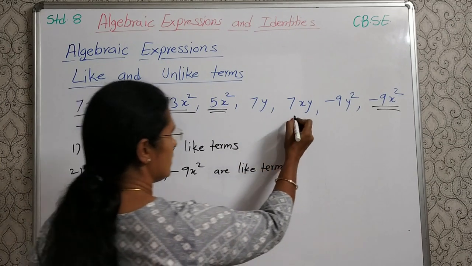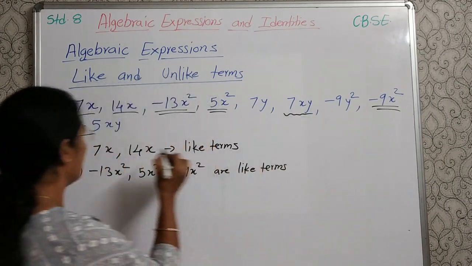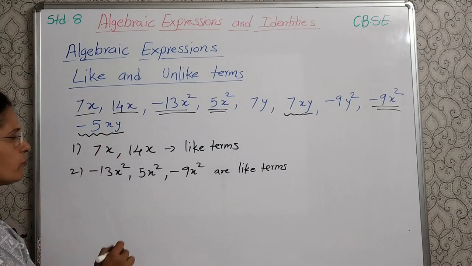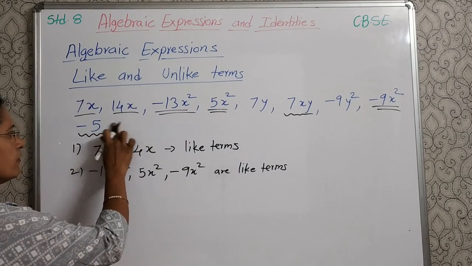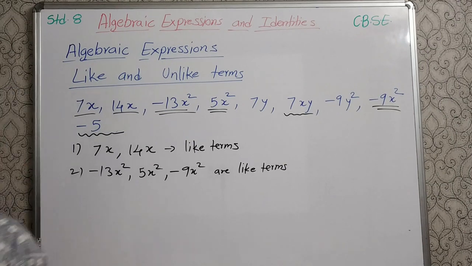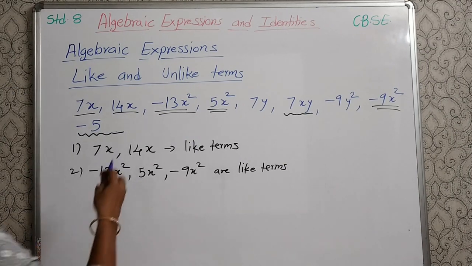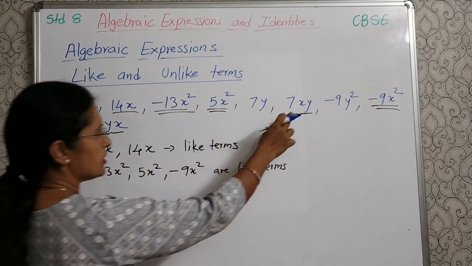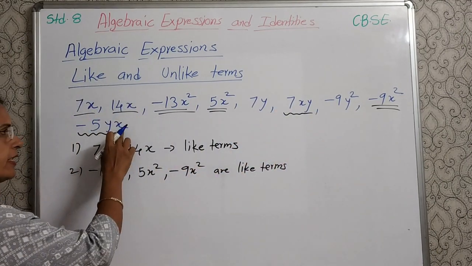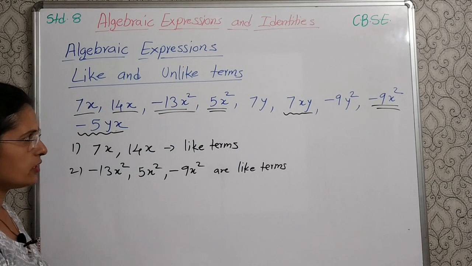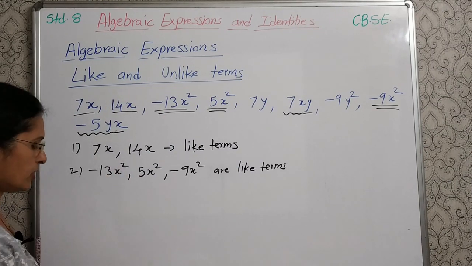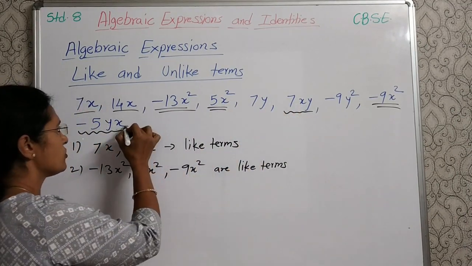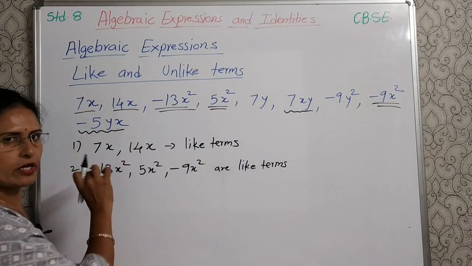Next, 7xy and minus 5xy. If it is yx, even then these are like terms. If it is minus 5yx, it is xy and this is yx. Though the order is different, both the variables are present here. Here x, here also we have x, here y, here also we have y.